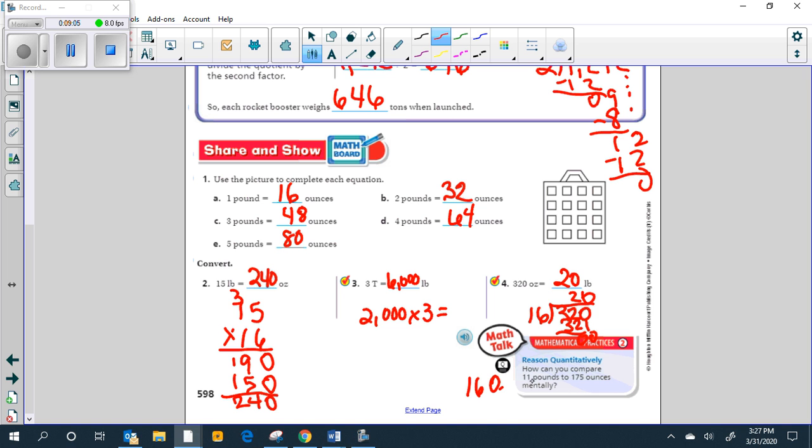Plus 1 more pound is 16 ounces more. That's 176 ounces, which is more than 175 ounces.